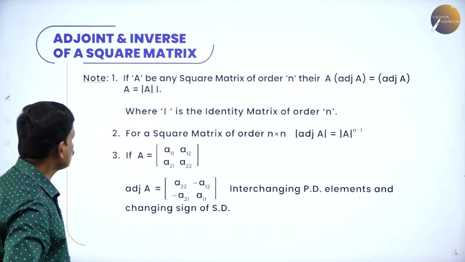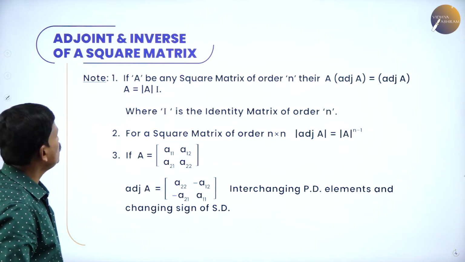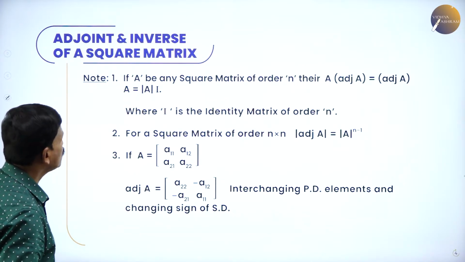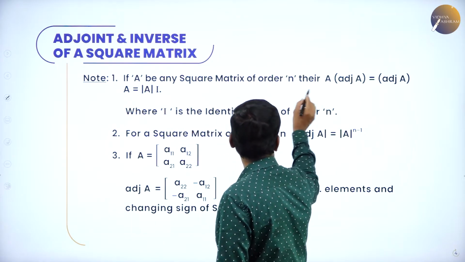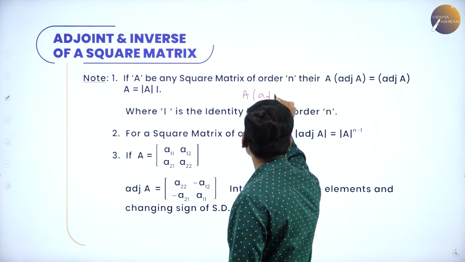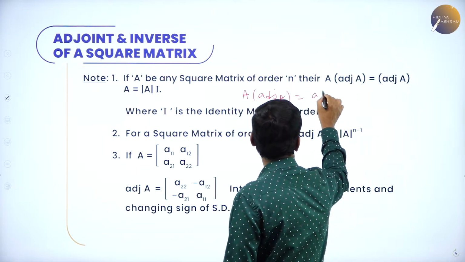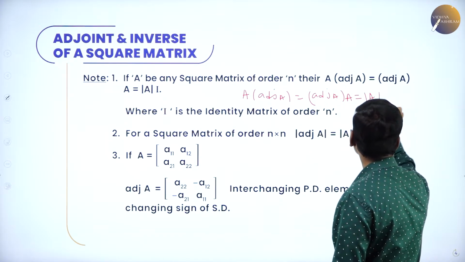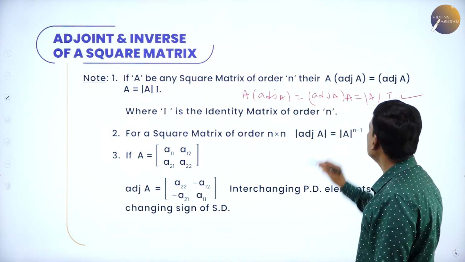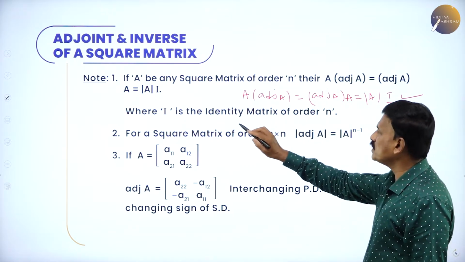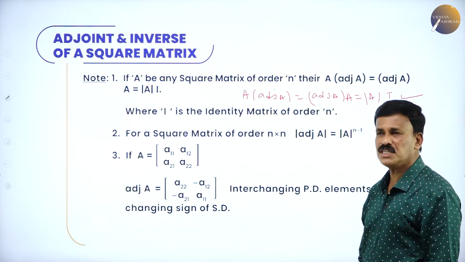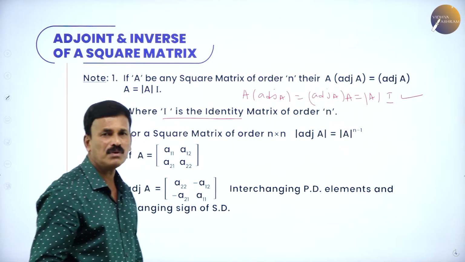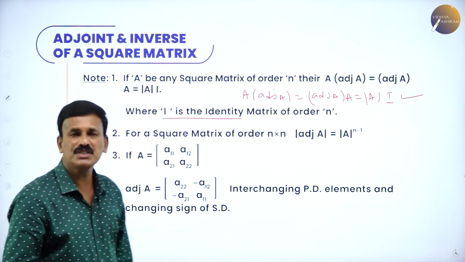Now next, suppose A is any square matrix of order n, then A into adjoint of A is equal to adjoint of A into A, that is also equal to determinant of A into I, where I is an identity matrix of the same order, 2 rows 2 columns or 3 rows 3 columns.